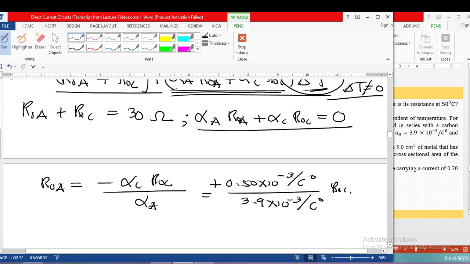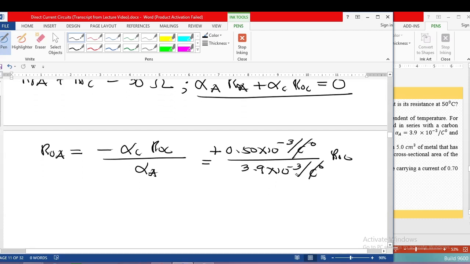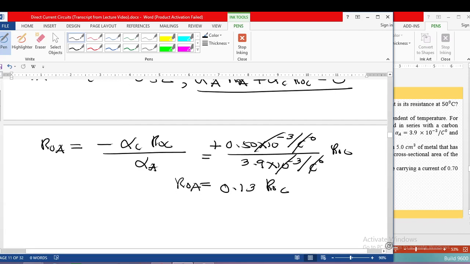Then we have the R sub naught C. So cancel the Celsius degree. We also cancel 10 to the negative 3. What is the answer? So that is equal to 0.13. So we have 0.13 R sub naught C. So this is the relationship between R sub naught A and R sub naught C.